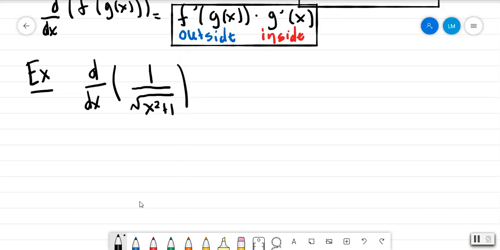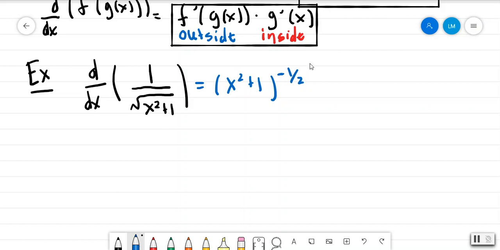To find the derivative of this, you have to look at it as having an outermost function, which in this case you would first need to rewrite. So you have x squared plus 1, and then that's to the negative 1/2.